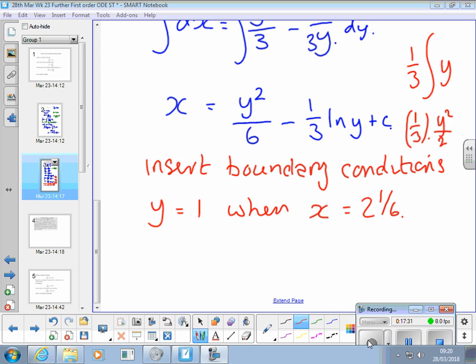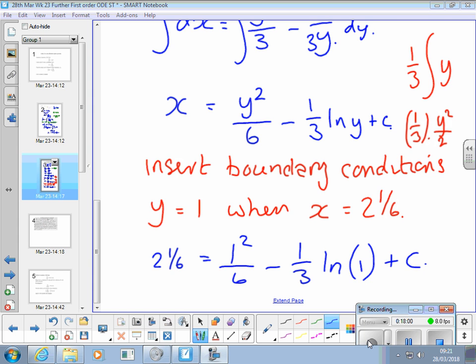So we put those in the function. 2 to the 6th is equal to 1 squared over 6 minus a third ln 1 plus c.